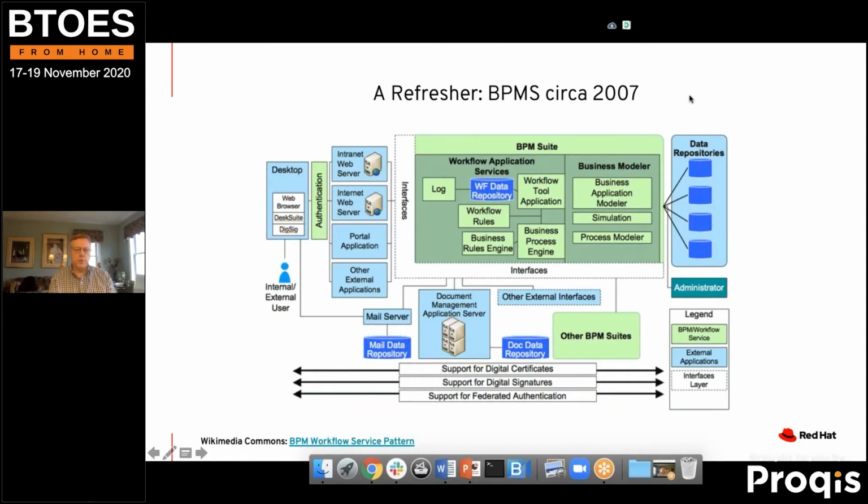Documents obviously very important to automated workflows. You need to be able to track all the documents that relate to a credit application or a loan application, whatever it may be. And then you've got all the internet infrastructure on the left here, the web servers and the load balancing and clustering and so on and so forth.